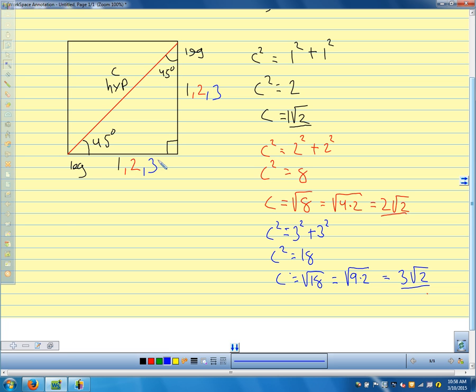So what we can say is the hypotenuse on a 45-45-90 is square root of 2 times the length of the leg.